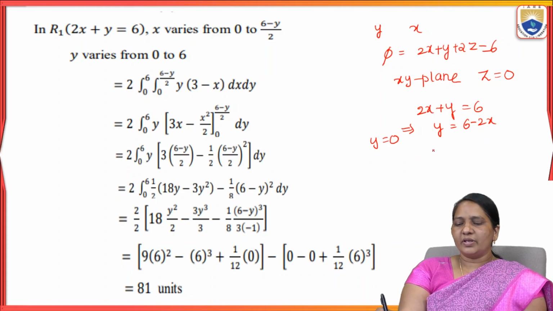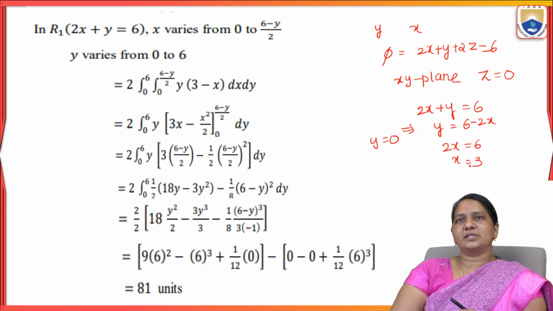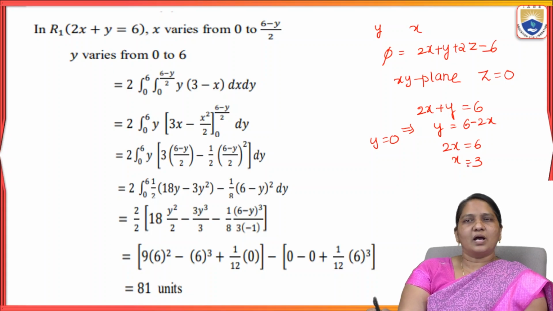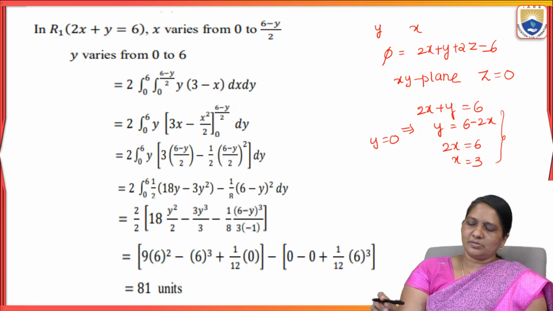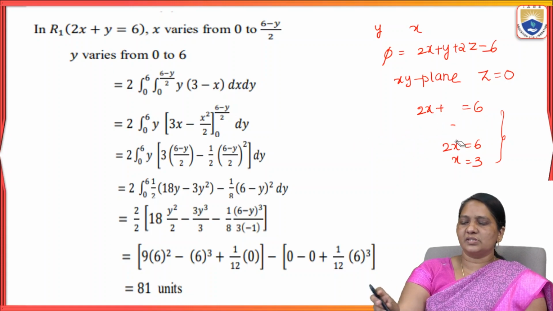If you take y = 0, what is the x value? 2x = 6, x = 3. So these are the x and y limits. Otherwise, you can take x as the variable and y as the constant. Both are the same, you can take these limits also. How it is, you can see here.